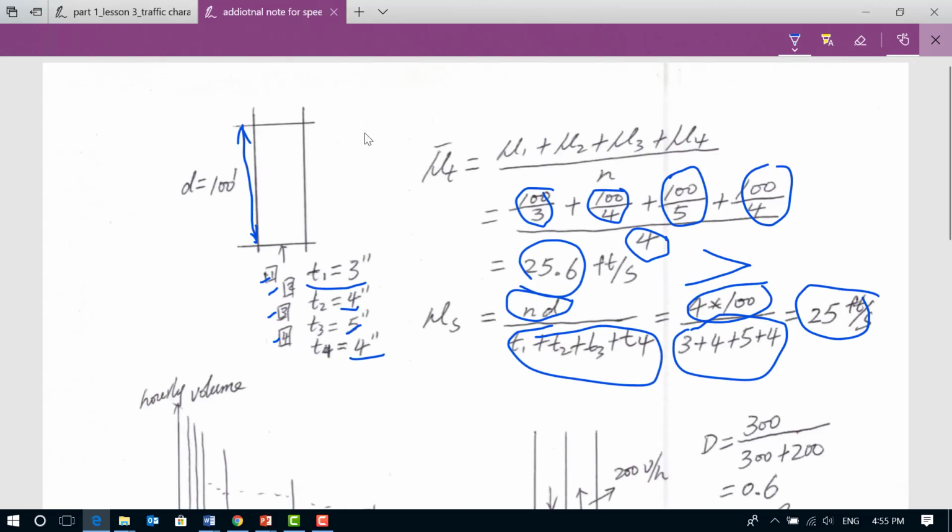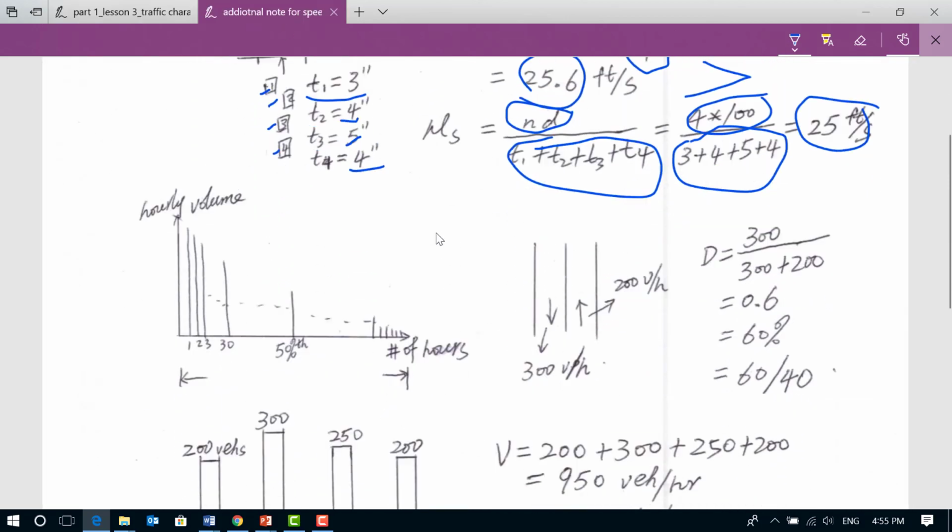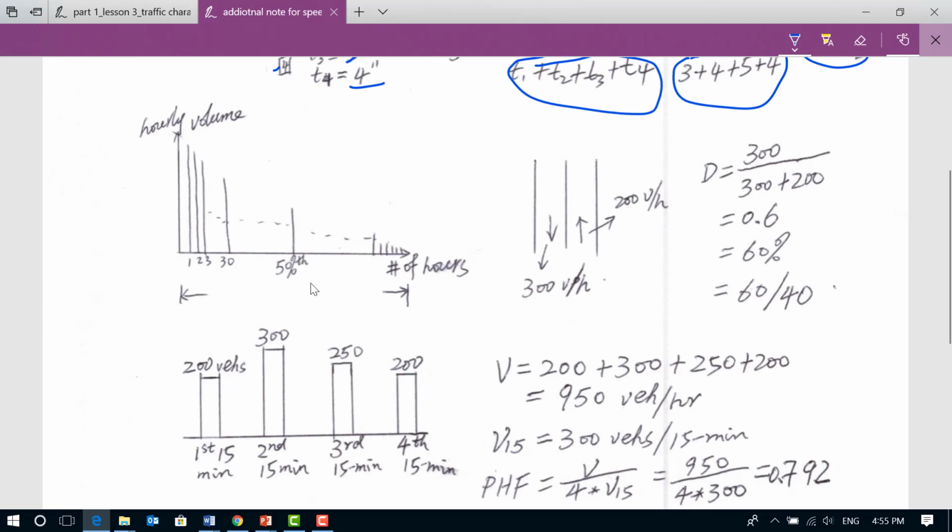Okay, if you go to the additional notes for this class, so let's say we collect the hourly volume for the entire year. Okay, we sort those hourly volumes in descending order from the highest to the smallest. First question to you is, do you know how many hourly volumes we have during 1 year?